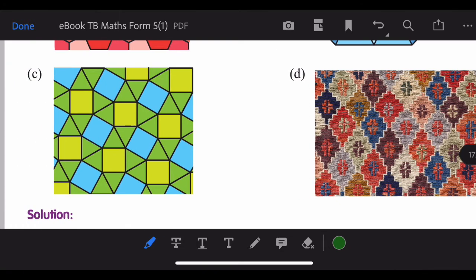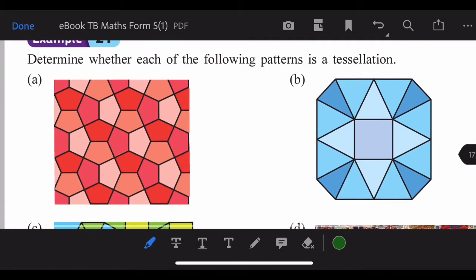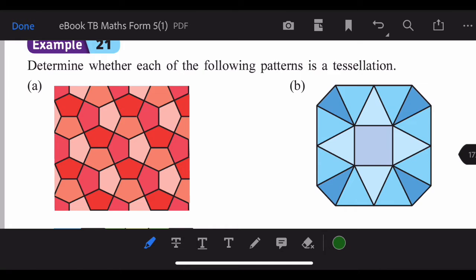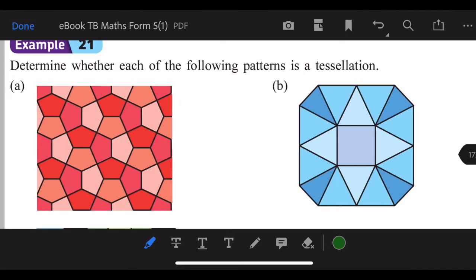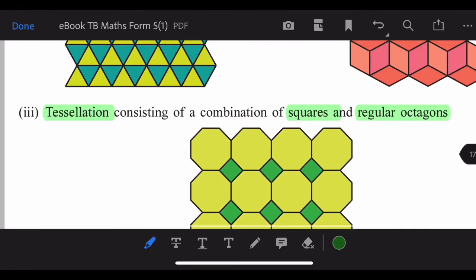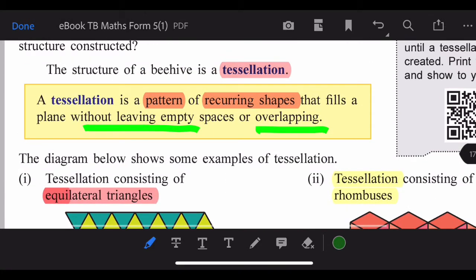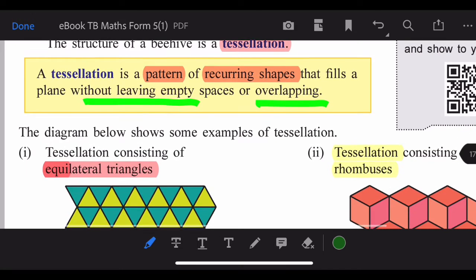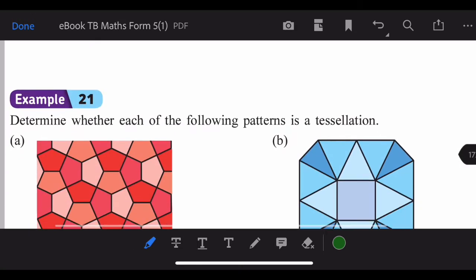I give you a few seconds to consider. Is A, yes or no, a tessellation? How about B, yes or no? As I said, tessellation means a pattern of recurring shapes that fills a plane without leaving empty spaces or overlapping.